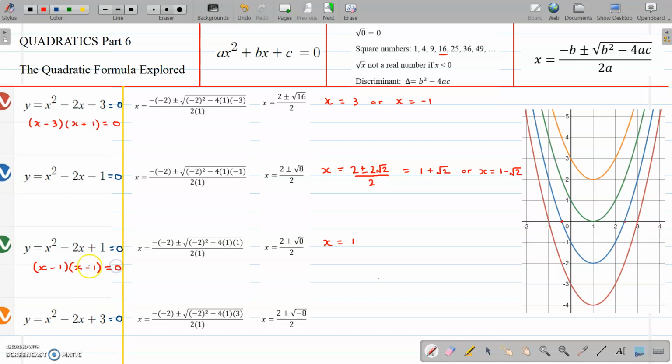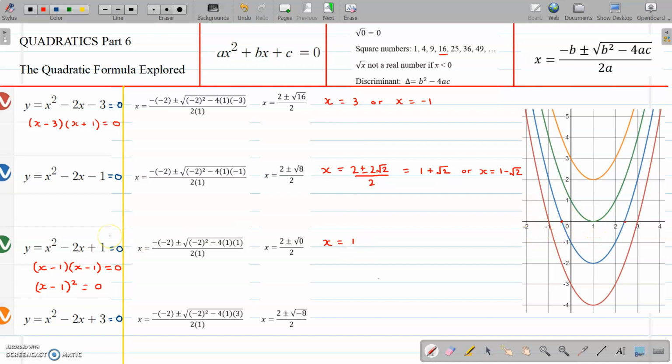Another name for that is a perfect square, because it means this too, doesn't it? (x - 1) all squared. Now the only value of x that would make that 0, there is only one value, and that is 1. So it's confirming what happened here and what we see on the graph.